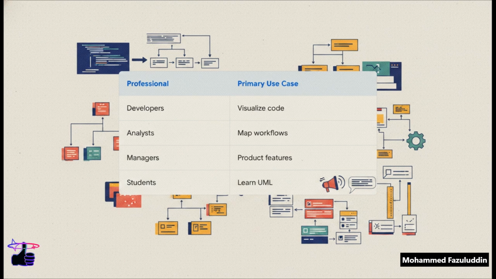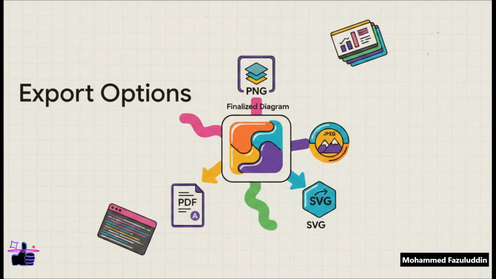Product managers can visually communicate features to seamlessly align their teams. And for students and educators, it's an incredible learning aid. It allows them to grasp complex UML and system design concepts way faster just by seeing text translated into visual models in real time.